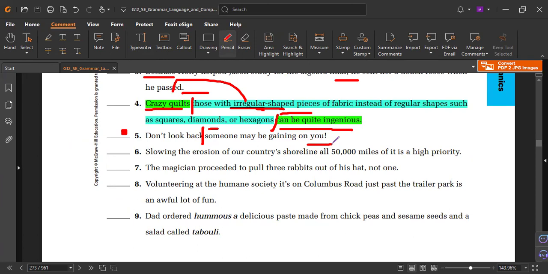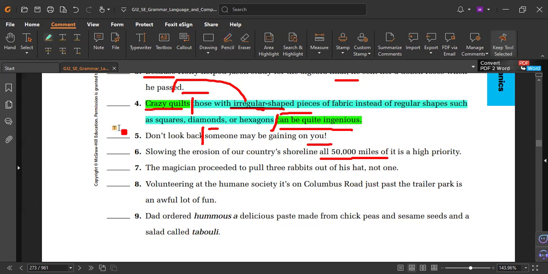How about the next one? No, it doesn't need dashes. I don't think the next one needs dashes. Yeah, it needs dashes. Really? This part, yes, this part is non-essential or supplemental.